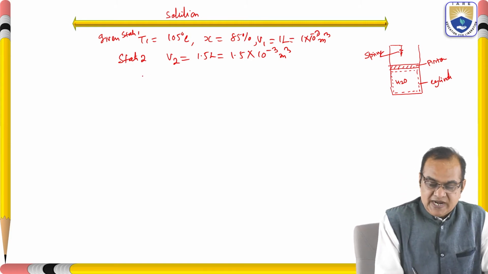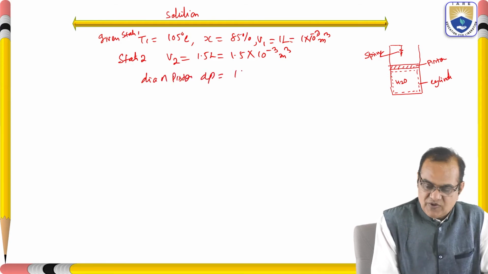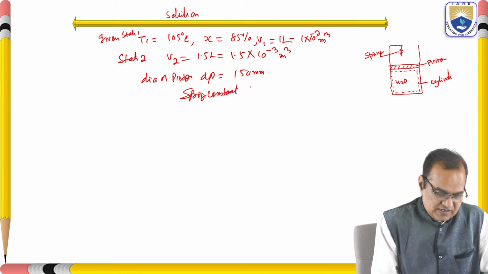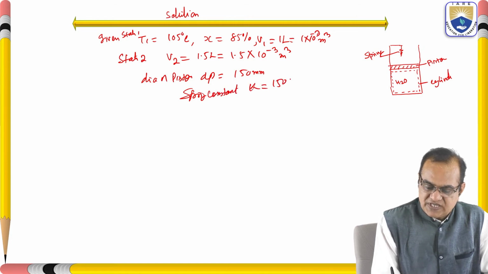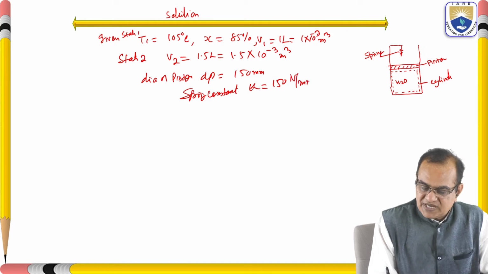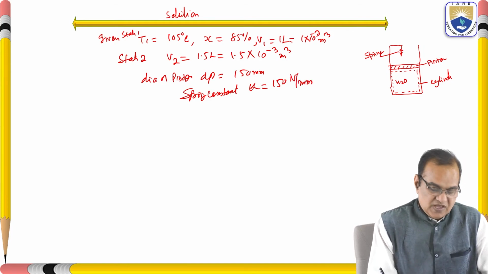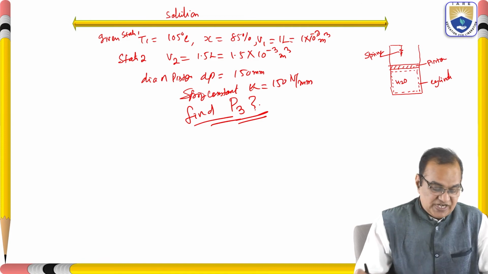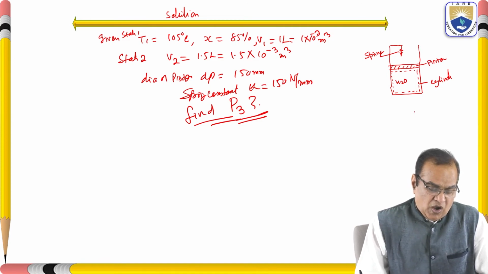The diameter of the piston dP is given as 150 millimeter, and the spring constant K is equal to 150 Newton per millimeter. So we have to find P3. State 3 we have to find out.